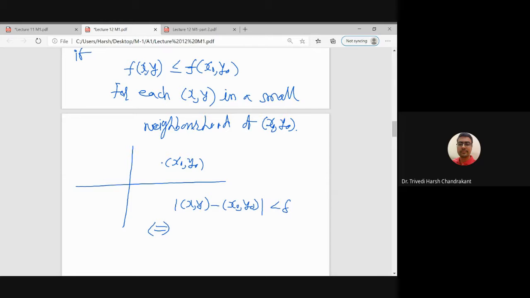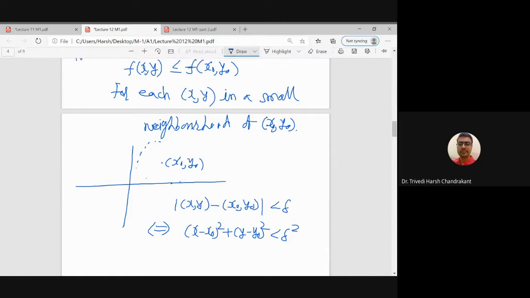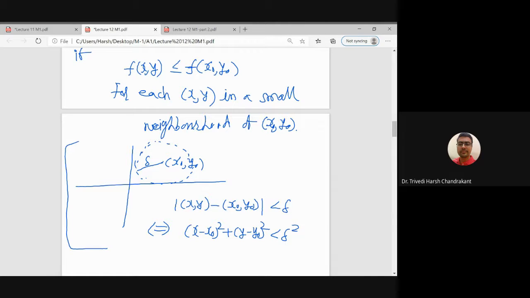That means (x minus x naught) square plus (y minus y naught) square is less than delta square. So we have all the points inside the circle whose radius is delta, right? So this is essentially the meaning of delta neighborhood.